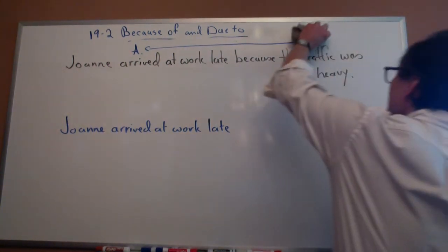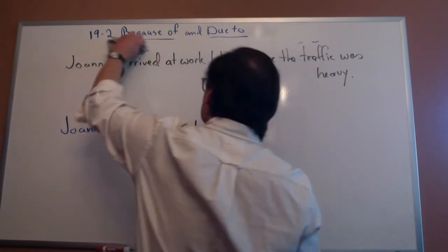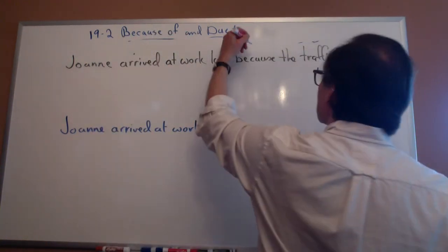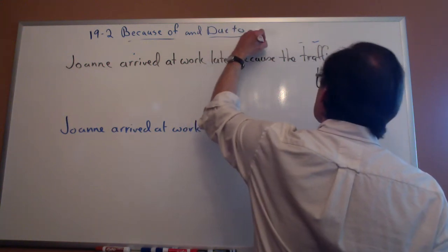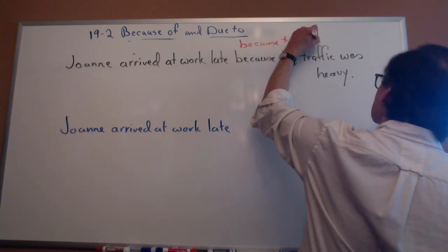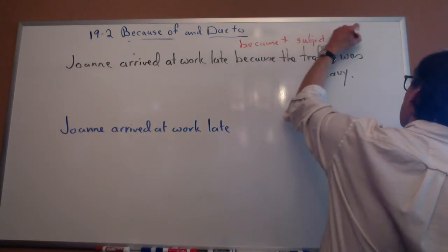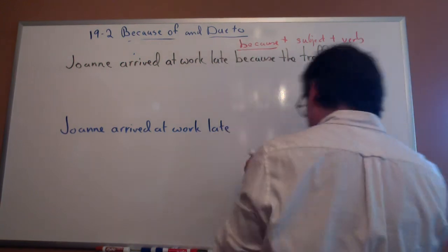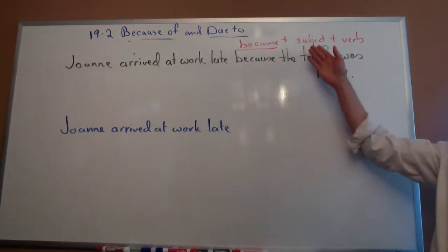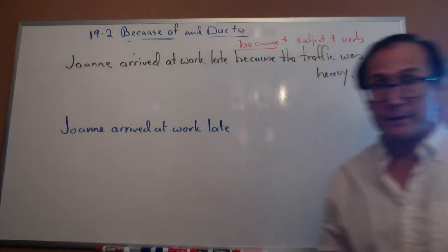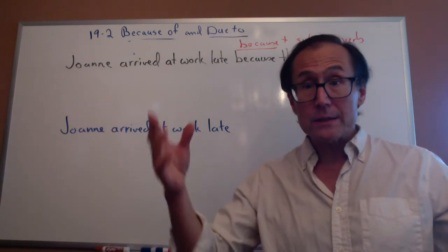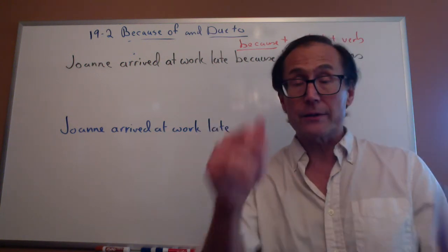Now, something else about because: when I use because, I will always use because plus a subject plus a verb. So when I use because, I'm always going to have a subject and a verb after it. I could say, I was hungry because I didn't eat dinner.